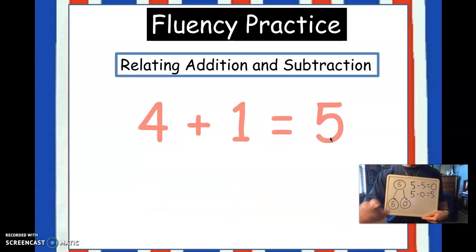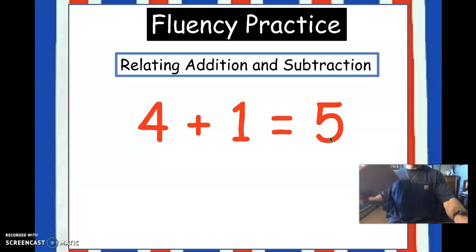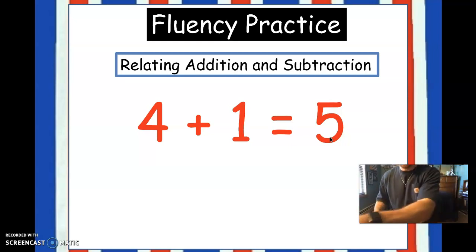All right, now make sure you have a blank spot because this is what I want you to do. It says 4 plus 1 equals 5. So take that addition equation and use those same three numbers and change it into a subtraction sentence. I'm going to do the same. I would suggest using a number bond. Write this addition equation as a number bond and then go from there.